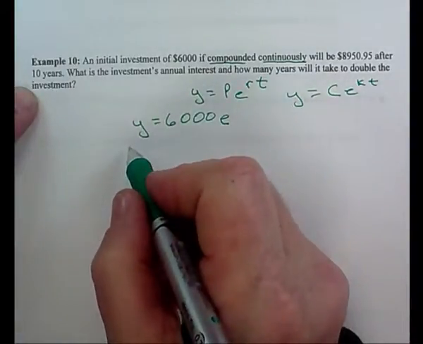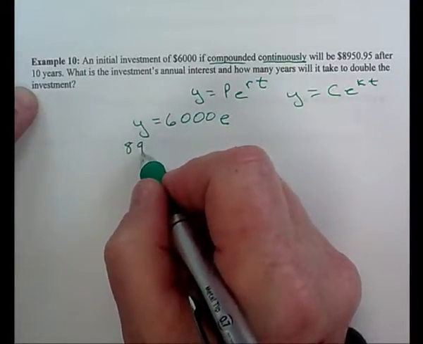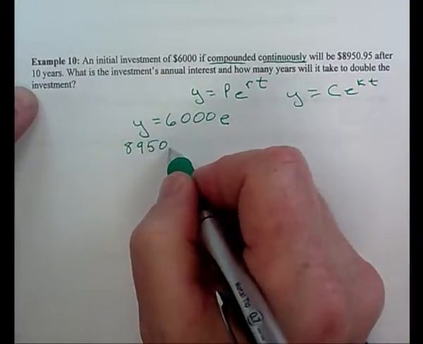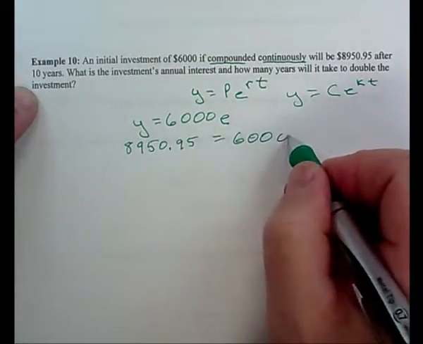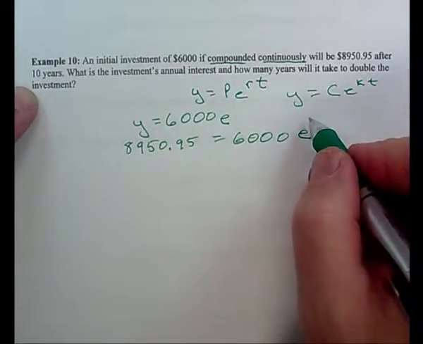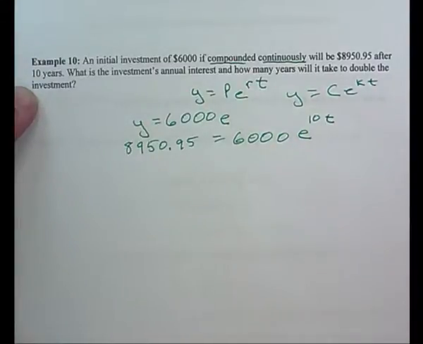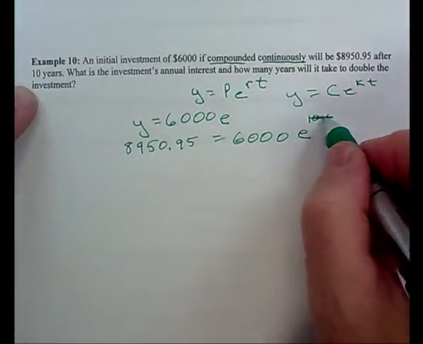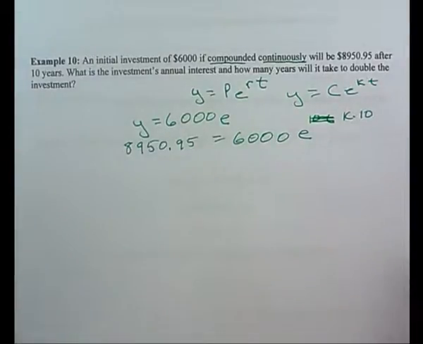Y will have to be what? $8,950.95. Yep, that's equal to 6,000 e to the 10 times K times 10. Yeah.